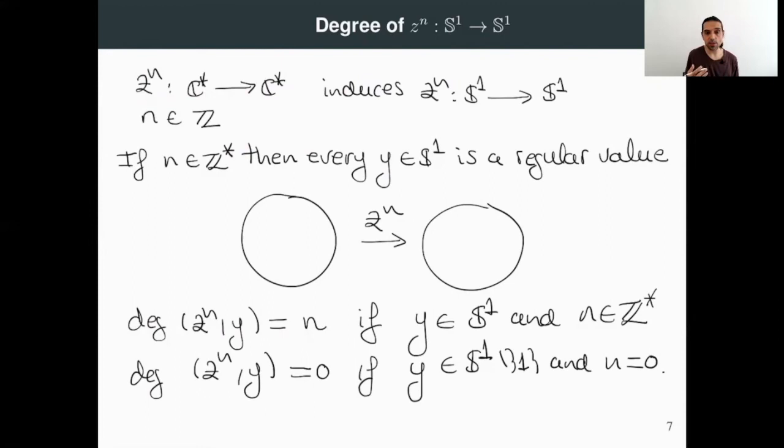In the case in which n is 0, this map is constant. Of course, the unique point in the image of this map is not a regular value, but all the other points are. So if we consider y in the complement of 1, obviously this point is not in the image of c to the n, so the degree of c_n for that regular value is going to be 0. So essentially, the degree of c to the power n is equal to n.